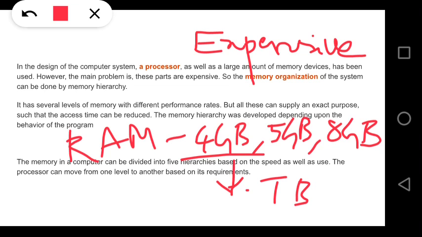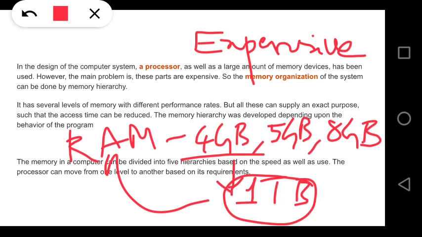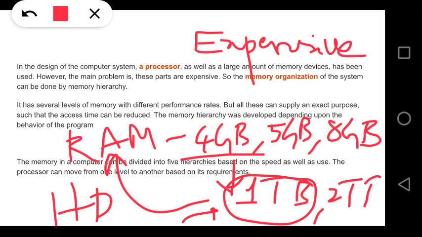Because it is quite expensive. So the need for having secondary memory, that is a hard disk of 1 TB or 2 TB, is just to minimize the cost of the memory hierarchy in a computer. So we can't keep RAM of capacity 1 TB because it is quite expensive.